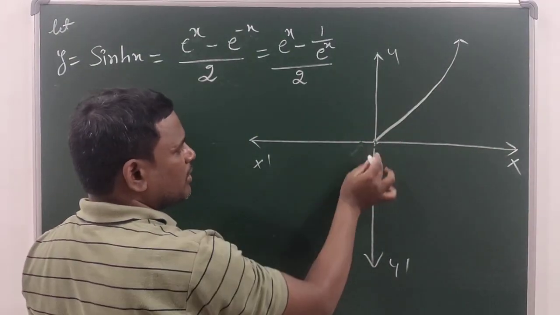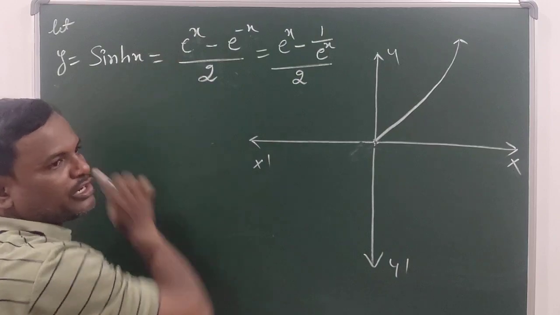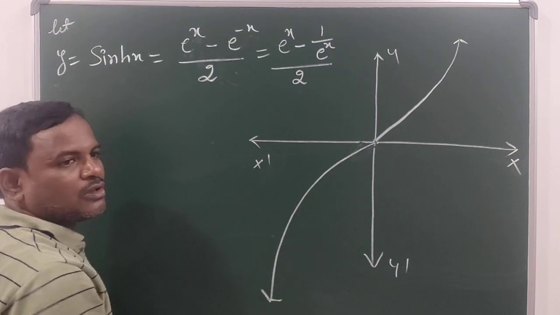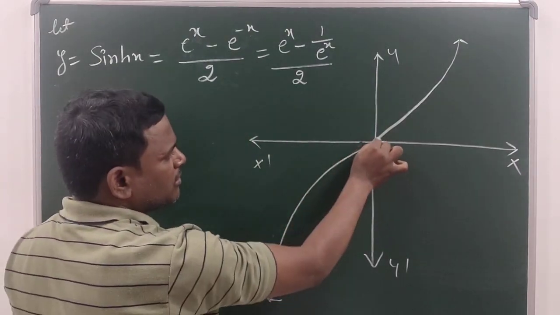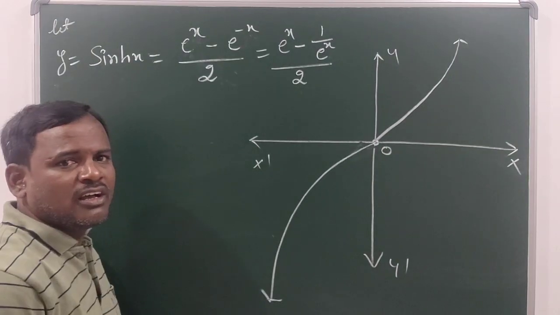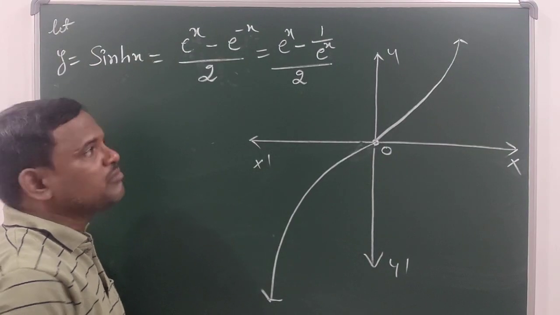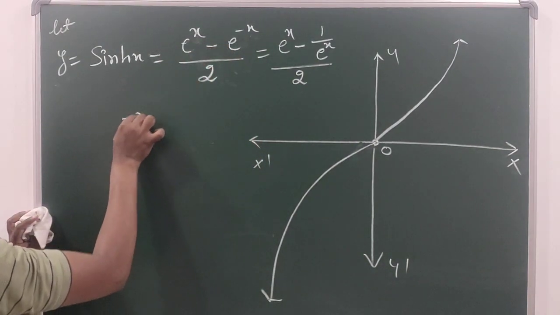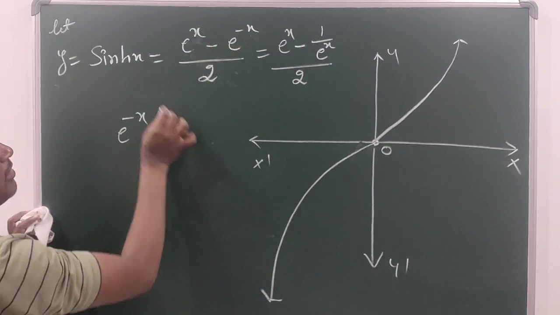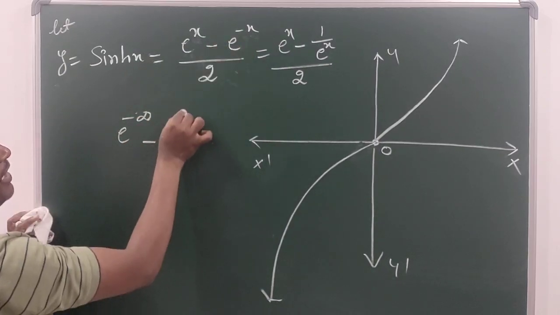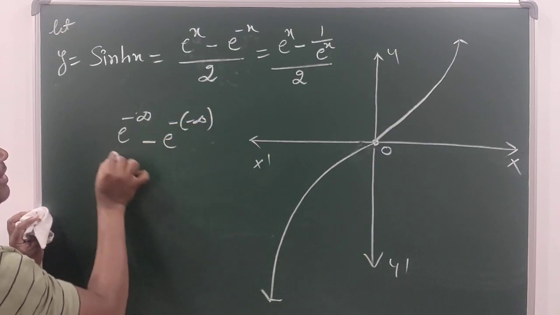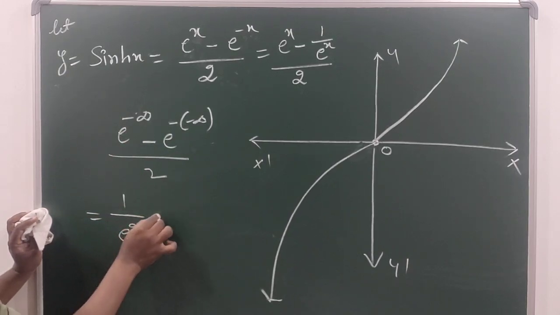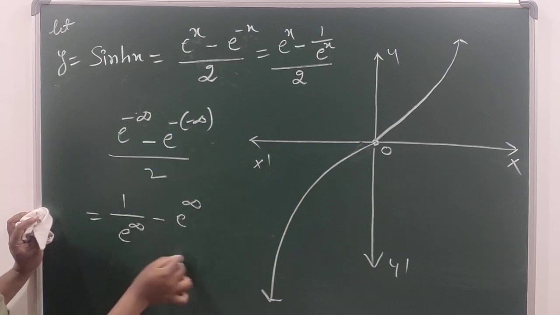Similarly, if you assign x equal to a negative value, your graph will go like this. If you keep on moving to the left side of the origin, where do we reach? Negative infinity. If you assign negative infinity here, e power negative infinity can be written as 1 by e power infinity, minus of minus plus e power infinity by 2.